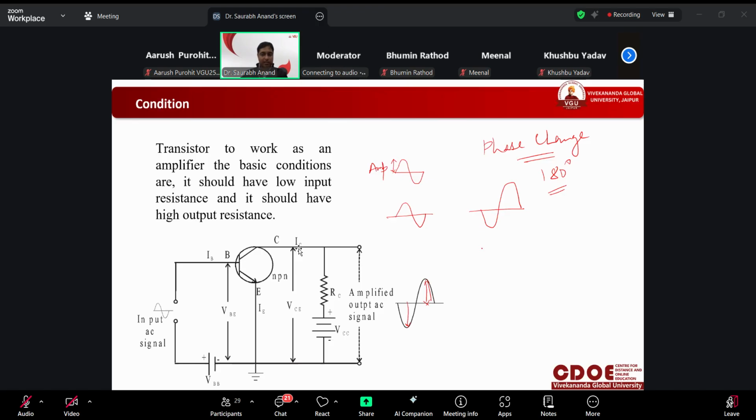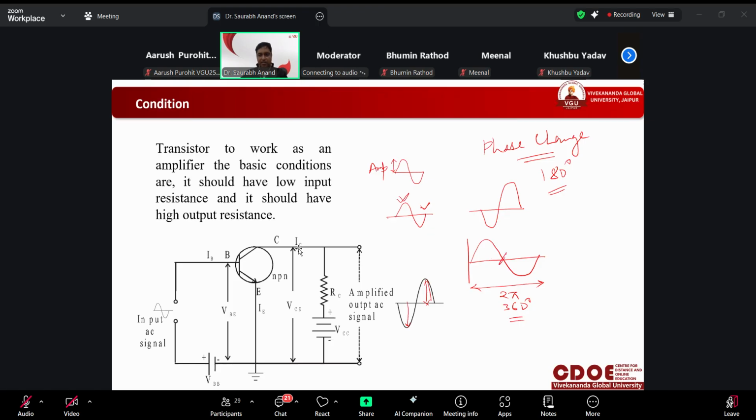How 180? Whenever we draw this, the angle between this is 2 pi. Pi is 180, so it is basically 360. But what is the change? We are not starting from here, we are getting from here.